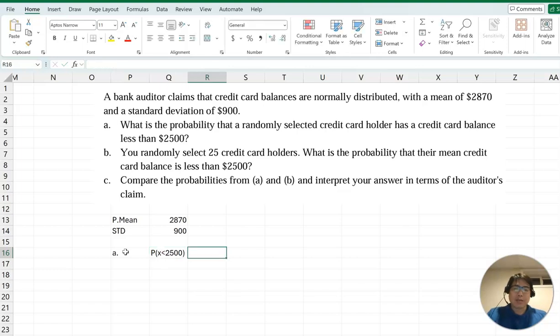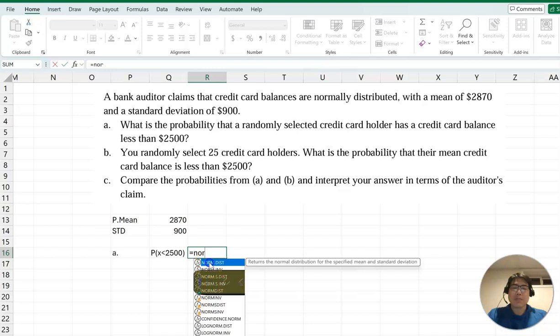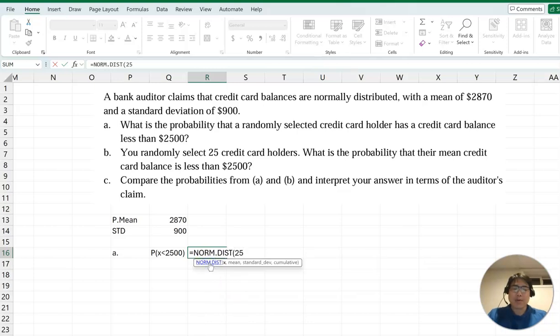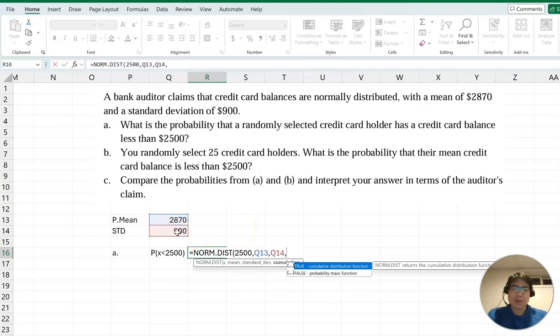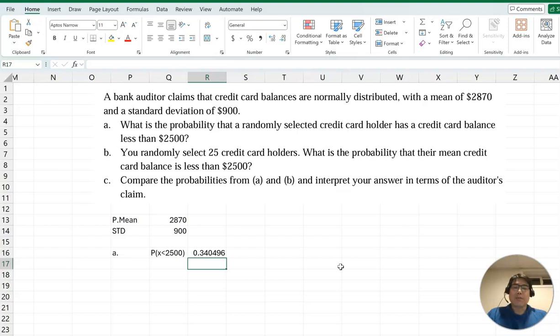We use the normal distribution function: type 2500, comma, the population mean 2870, comma, the standard deviation 900, comma, and for cumulative distribution, true. Basically 0.340496 will be the answer for question A. Now let's go to B here.